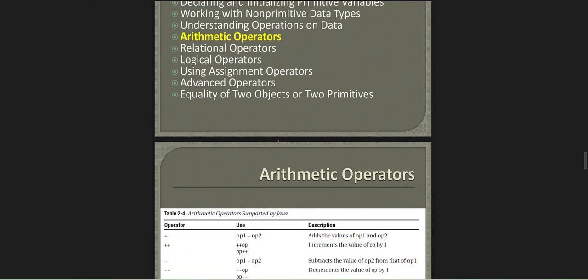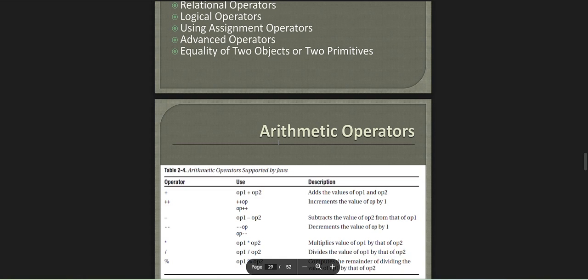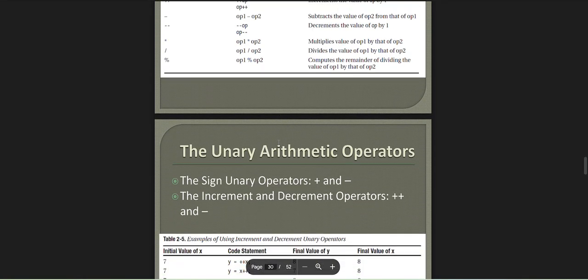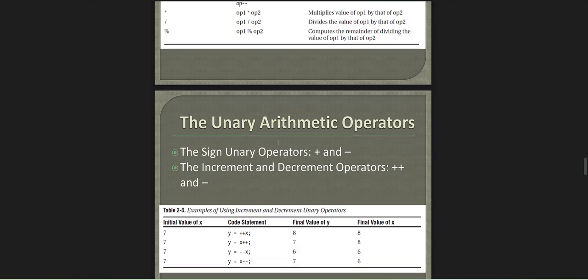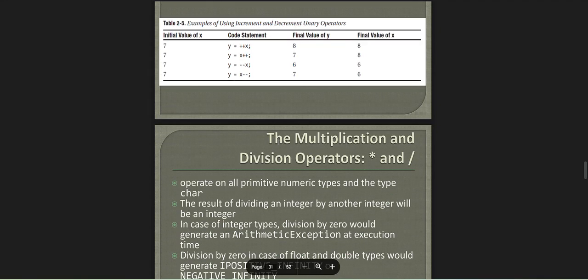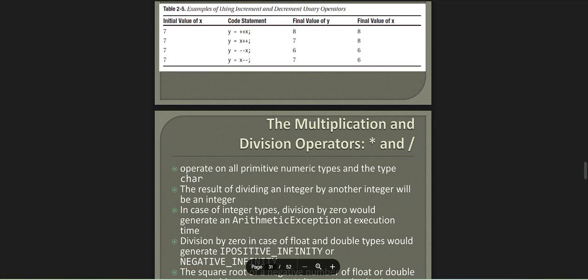Arithmetic operators: plus, minus, multiplication, division, percentage. The unary arithmetic operators: the sign unary operators plus and minus, and the increment and decrement operators plus plus and minus minus. The multiplication and division operators work on all the primitive numeric types. The result of dividing an integer by another integer will be an integer.